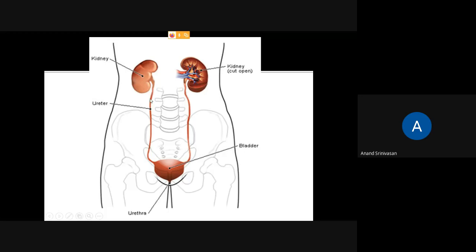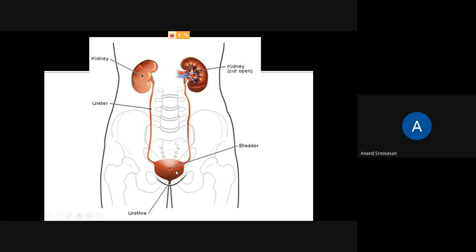It is extending from the kidneys and it opens into the urinary bladder. The place where it opens, it passes through the wall of the urinary bladder and then it opens into the urinary bladder.